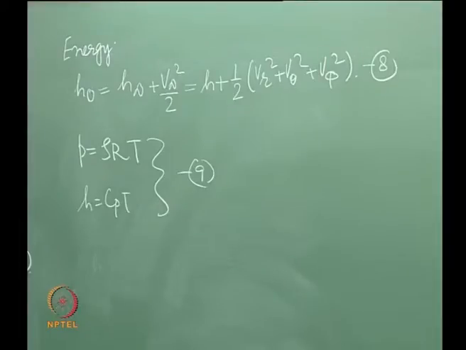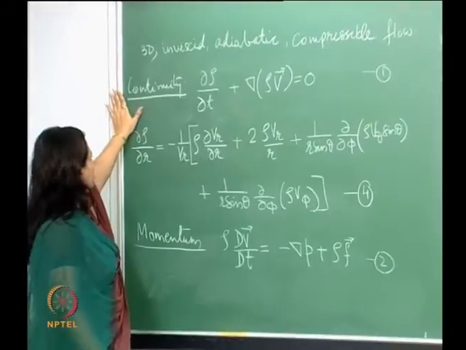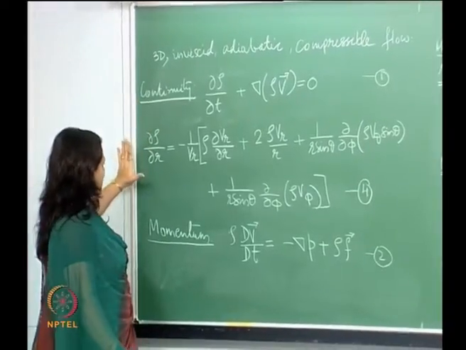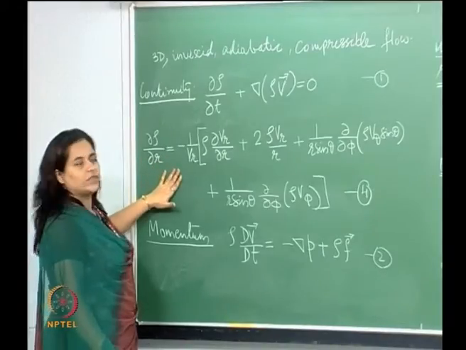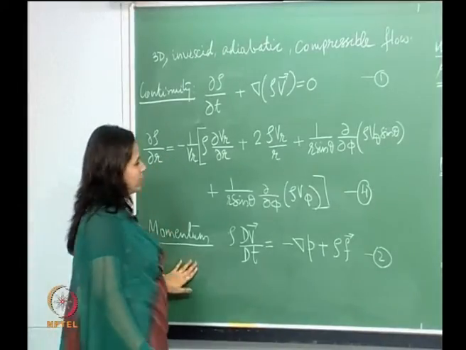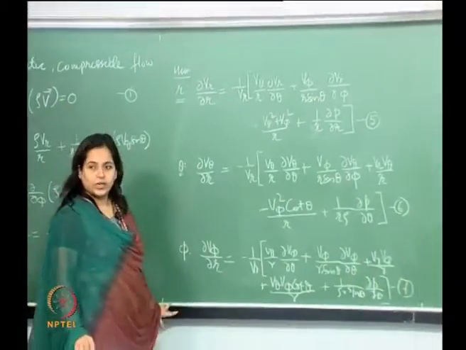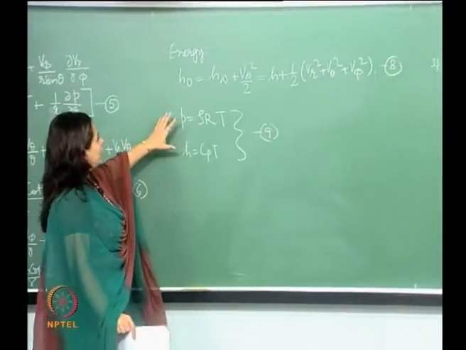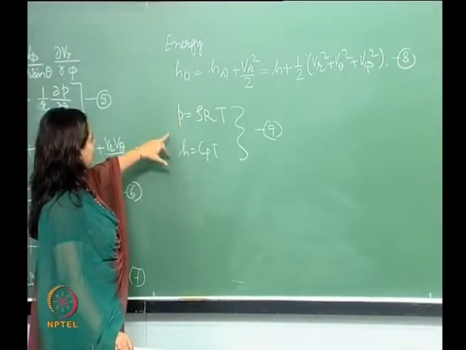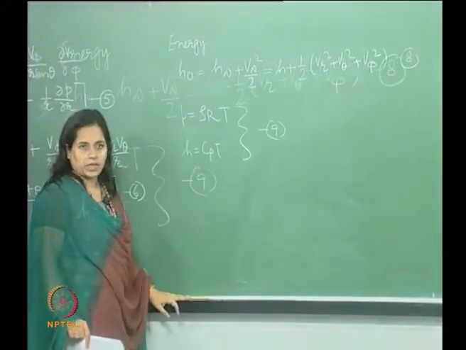We wrote down the continuity equation in spherical coordinates, then the momentum equations in r, theta and phi directions, the energy equation, and the equation of state and perfect gas equation.